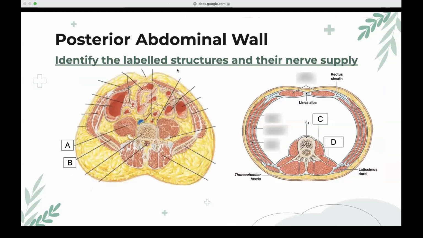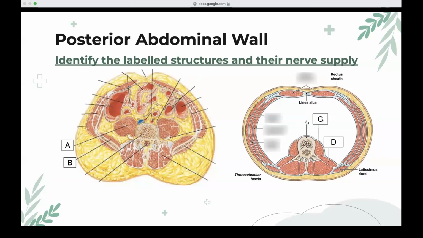So, what is this? Okay, so identify the labeled structures and their nerve supply. So let's start with A. Can anyone identify A? So you've got the vertebrae right here, and you've got a muscle right beside it. Psoas major. Exactly. B. Iliacus. Yes.